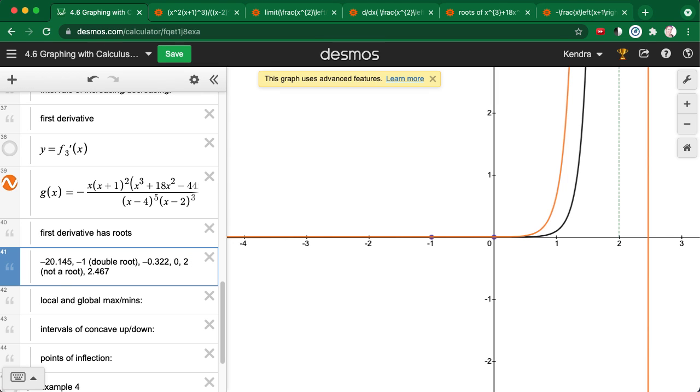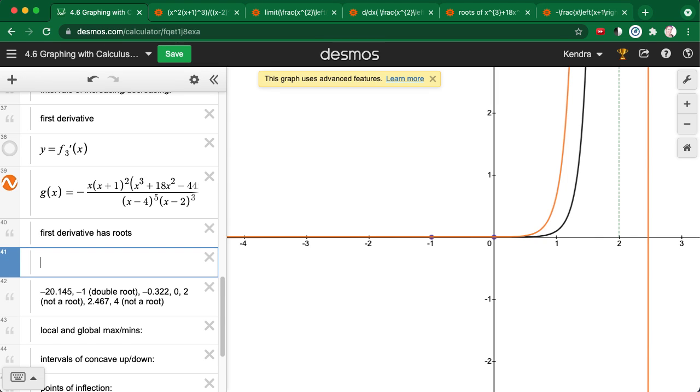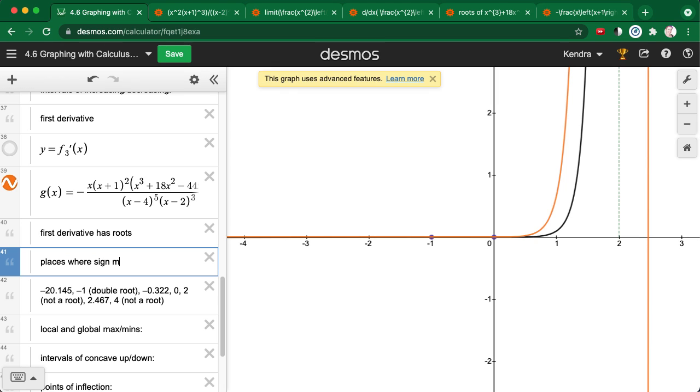So I'm not putting 2 in here as a root. I'm indicating this as a place where the sign might change. So, places where the sign of the derivative might change.